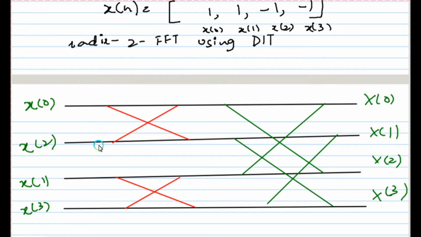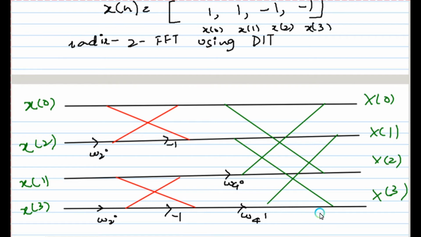Fine. So we'll start with 2-point DFTs here. And we have multiplication by twiddle factor first. We'll be having multiplication by W20. This is the 2-point DFT, and W20 here. On this side we'll be having multiplication by W40 and W41. Fine. And this will be minus 1 here, minus 1 here.